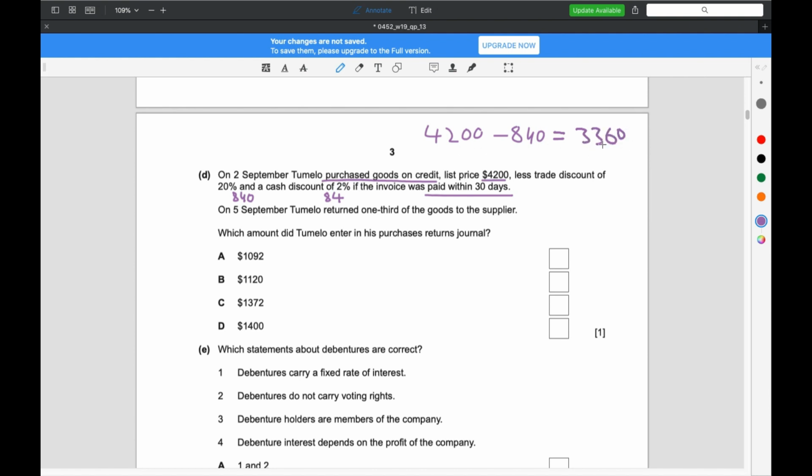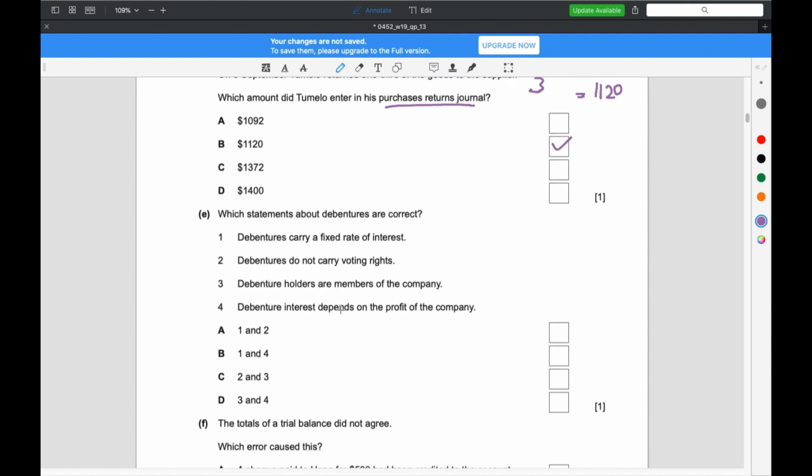So that means that this is the actual amount he would have had to pay for, but he returned 1/3 of the goods. So 1/3 multiplied by 33.60 gives you 11.20. Alright, so this means that he returned $11.20 worth of goods, and so he's going to put 11.20 in his purchase returns journal. So B is going to be your answer.